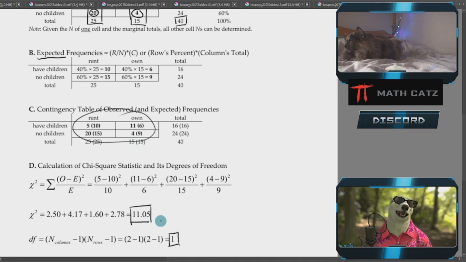The chi-square statistic is a measure of that deviation, that fluctuation. And if the fluctuations are big enough, they are more than just coincidence.